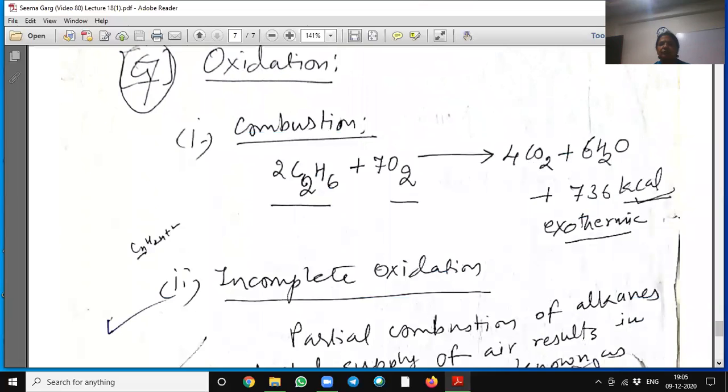Oxidation. Ethane on oxidation, combustion means complete decomposition into carbon dioxide and water molecule. It is an exothermic reaction and it will form about 736 kilocalorie energy.